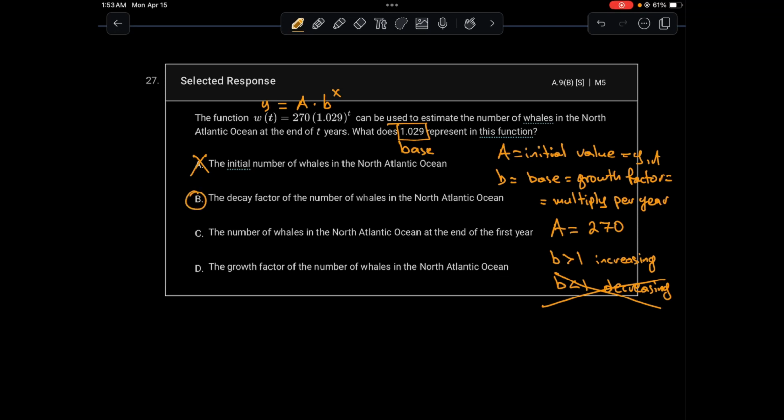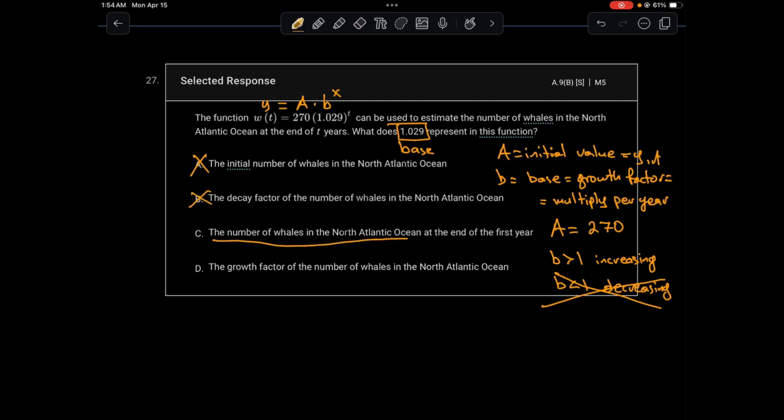That would be correct if instead of decay factor you call it a growth factor or increasing factor or base. If it was any of that, that would be correct, but now it's not.